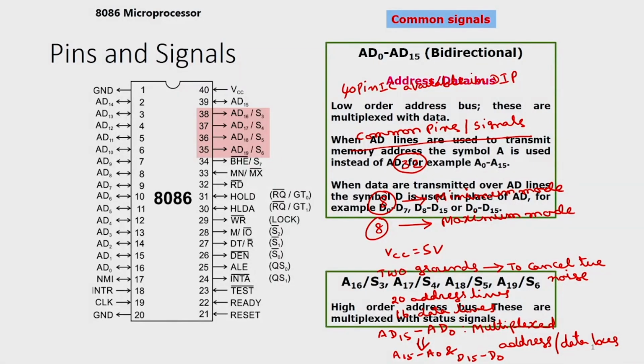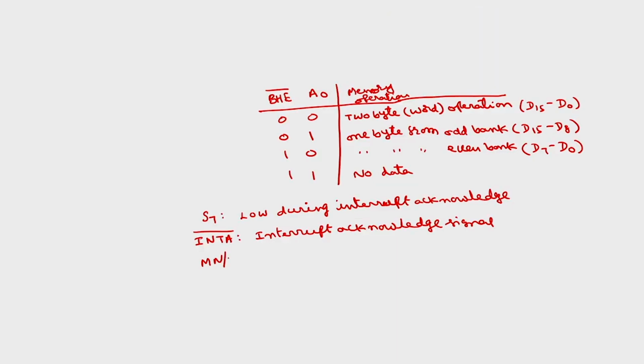So now what are the pins that are left? Here we have discussed about these pins, S3 to S6, BHE bar by S7. Then there is one pin called MN by MX bar. As I have told, there are two modes, minimum mode and maximum mode. MN stands for minimum, MX stands for maximum.